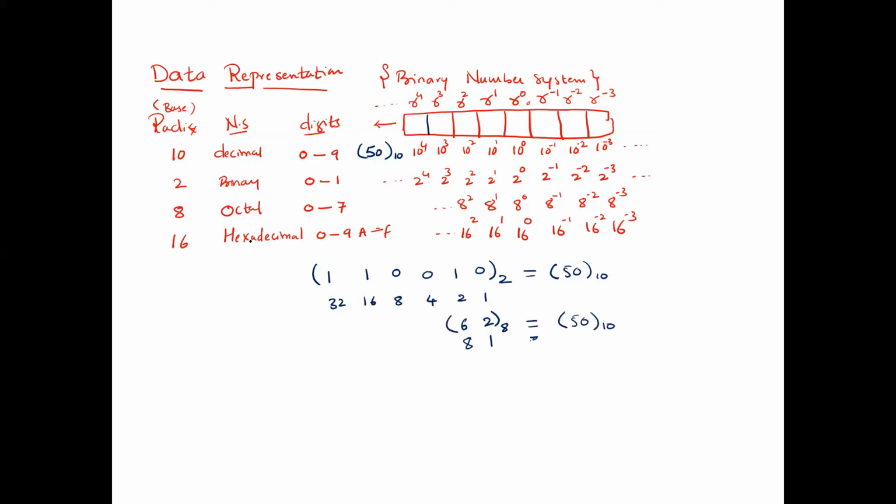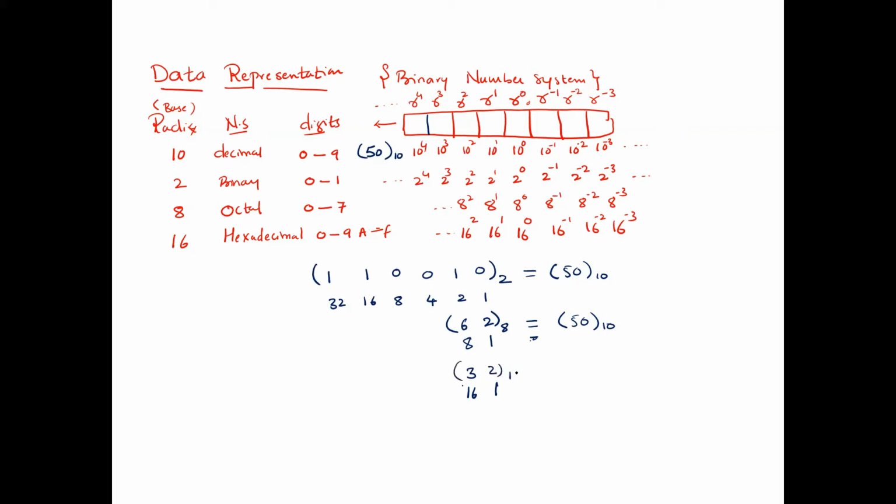Similarly, we can write it in hexadecimal. In hexadecimal, the place values are 1, 16, 256, right? Again, this 256 is much greater than 50, so I won't write the higher place value. So 16 threes are 48, and the remaining is 2.